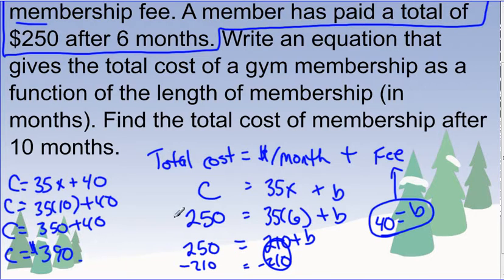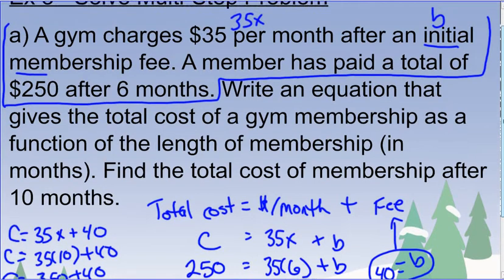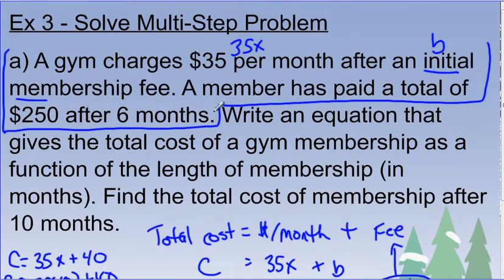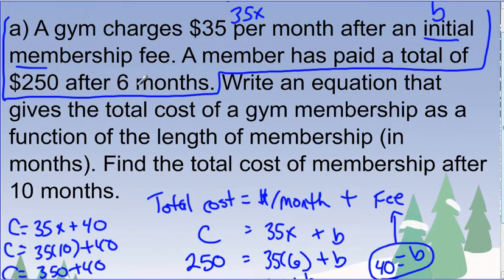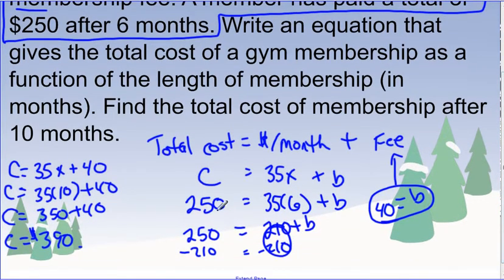Okay? So the hard part here was just initially setting up this information. And the real hard part is realizing that you can plug in some of this information, like knowing this $250 is the total cost. Plug that in for the total cost. After 6 months, plug that in for your months, and what you'll see is you're left with just a very little piece of information left to find. Find it by solving the equation the way we've done 4, 5, 6 times this lesson already.